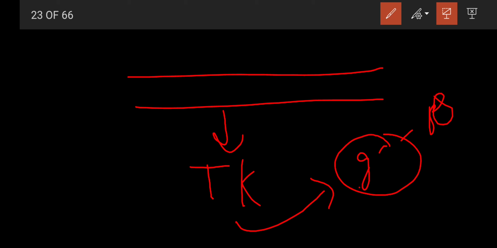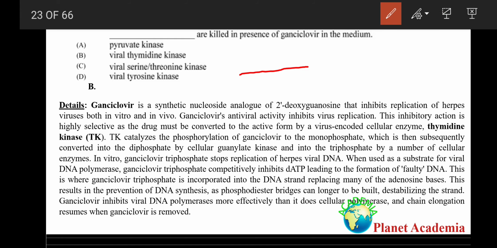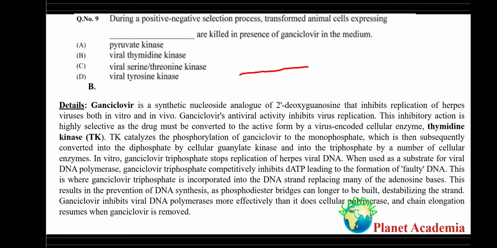Then another enzyme will be needed to further phosphorylate the ganciclovir. And then what will ganciclovir do? It will inhibit the replication of DNA. Okay, got it? I guess I'm clear now in the later part, not the earlier part.